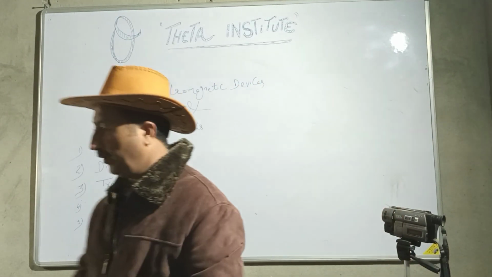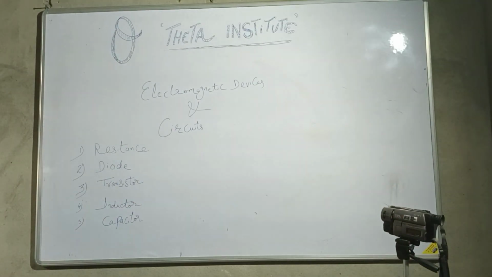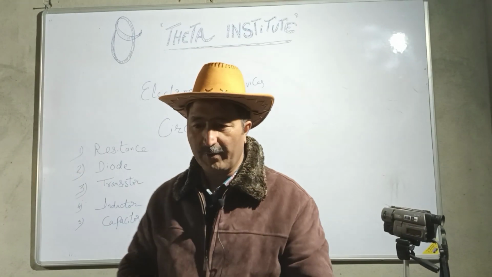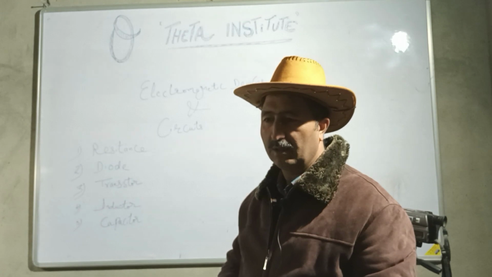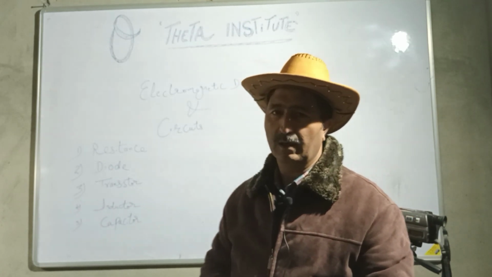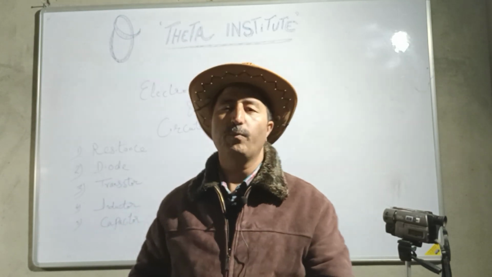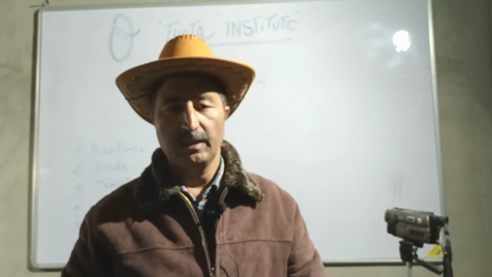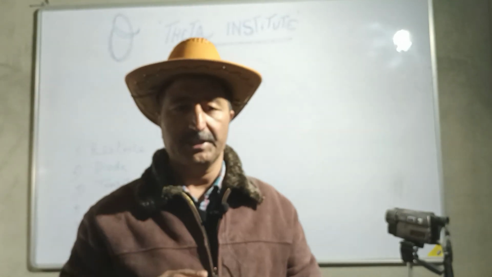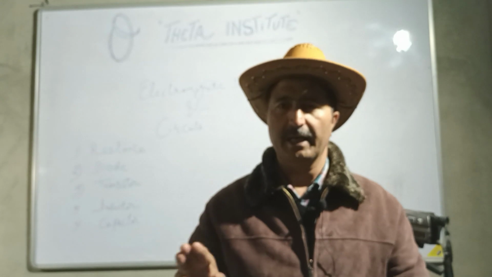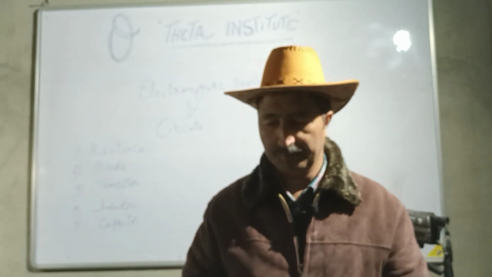So what we mean to say is that a transistor is formed from three pieces, either of two N and one P, or two P and one N type material. In this way, two junctions are formed by this arrangement of three pieces.